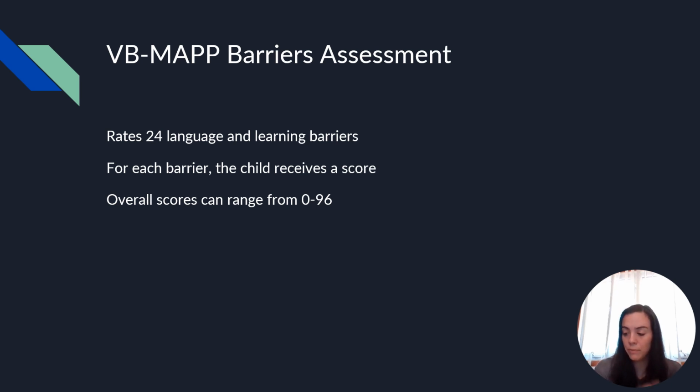For each of these barriers, the child receives a score of 0, indicating no problem, 1, an occasional problem, 2 indicates a moderate problem, 3, a persistent problem, and 4 indicates a severe problem. So the child can receive an overall score from 0 to 96, 0 indicating the least number of barriers and 96 indicating the greatest number of barriers.